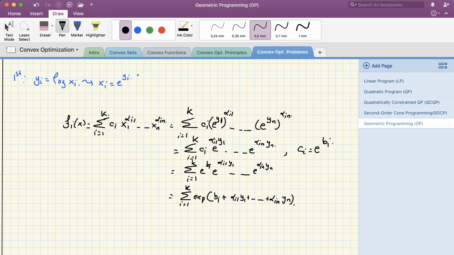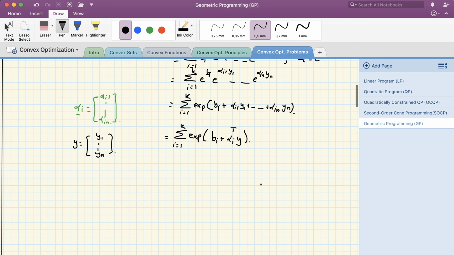If I denote the vector alpha_i as alpha_i1 down to alpha_in, then this could be written as exponential of b_i plus alpha_i transpose times vector y, where vector y contains y1 down to yn, right?